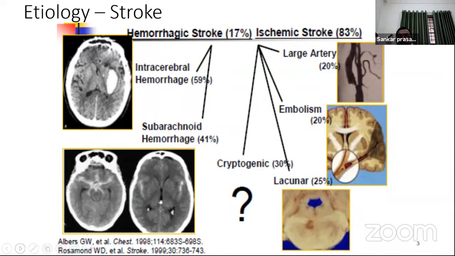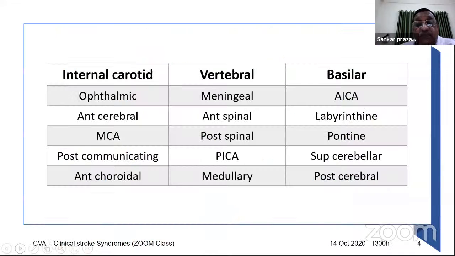Sorry, the embolic are about 20%, and still we don't know, approximately 30% are cryptogenic strokes, so ischemic stroke is the main problem. So this class will concentrate on learning about ischemic stroke.